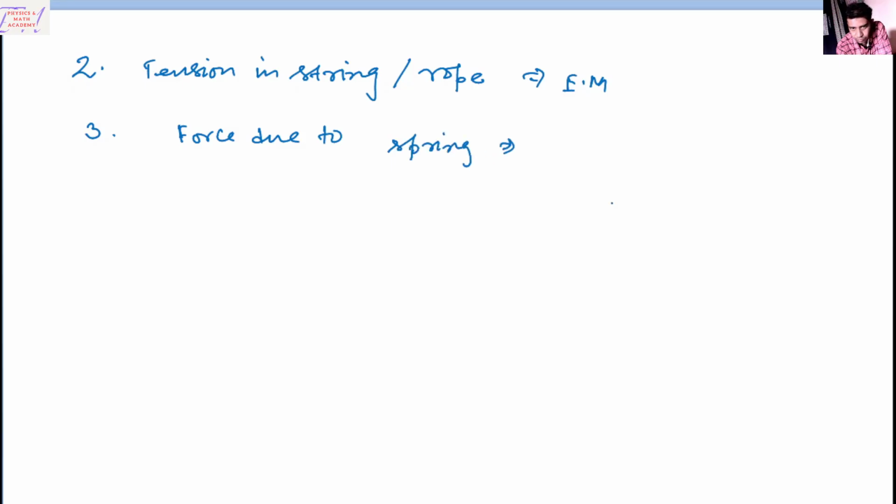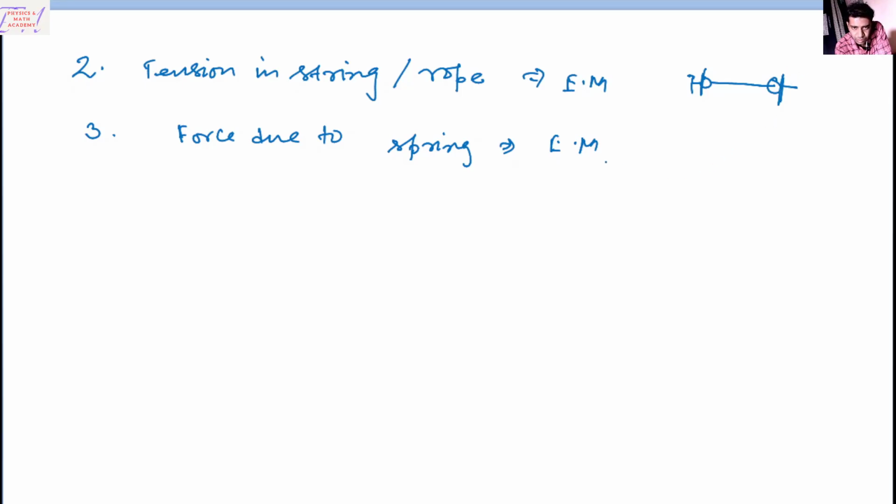Here electromagnetic force also occurs. In the tension of a rope, you know, there is a rope which is fastened at two ends, and the force acting at that point of contact is electromagnetic force, acting at the two ends.